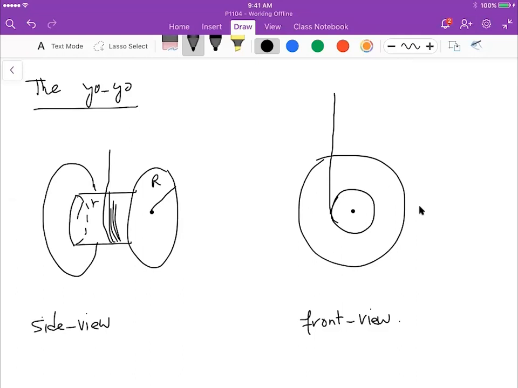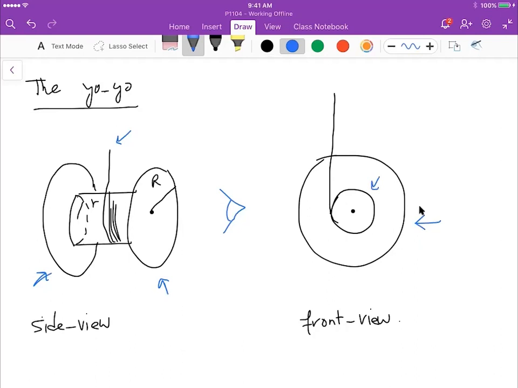We have the first circular plate and the second circular plate, which you can think of as discs, right? And the axle in between, this axle that connects them. And this string is wrapped around the axle so that when we release the yo-yo, it will rotate around this string and the string will unwind from it. Now if we look from this side, this is the side view. From the front view, you will find a big circle that represents the disc or the outer circular plate, and this small circle represents the axle.